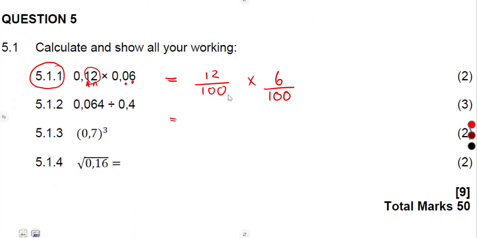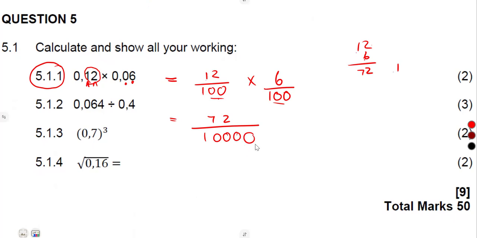It's easier for you to multiply this. All right, 12 times 6, that's 72. So it's going to be 72 over 100 times 100. It's easier for you to multiply: just take the zeros, combine them together. So we've got 4 zeros like this.